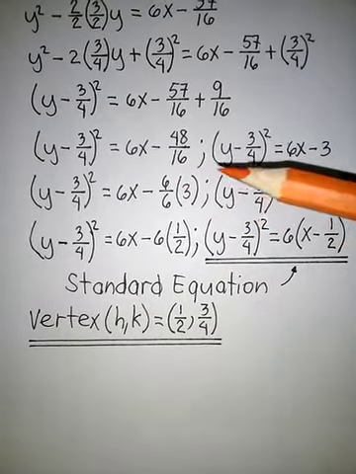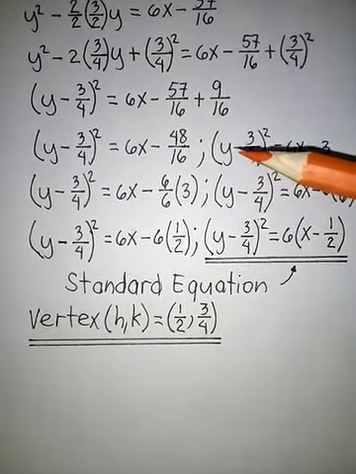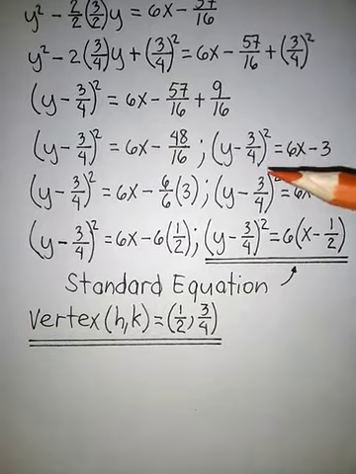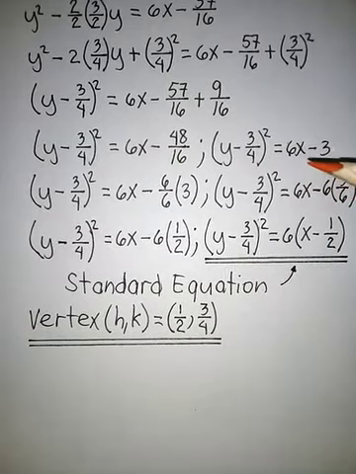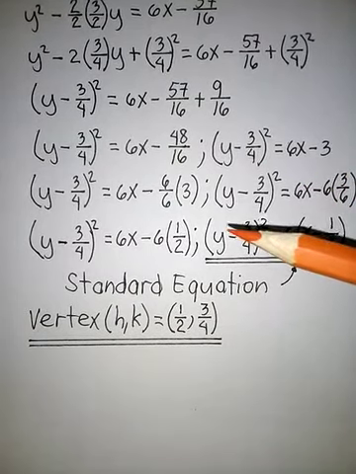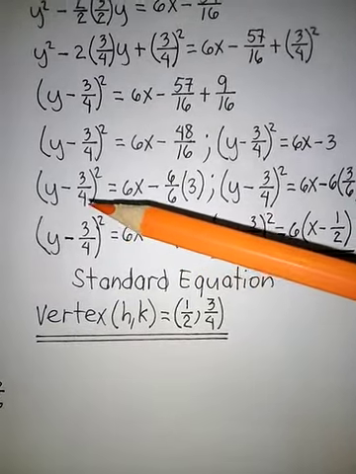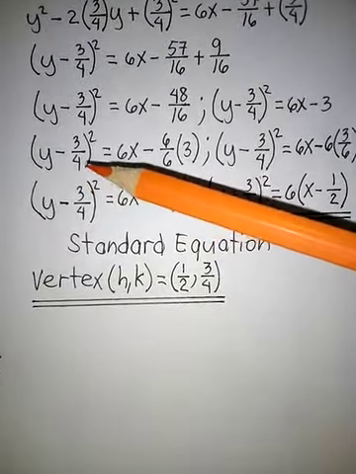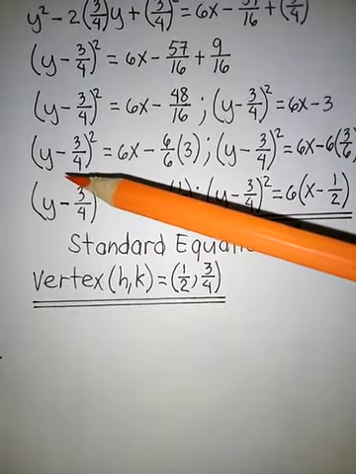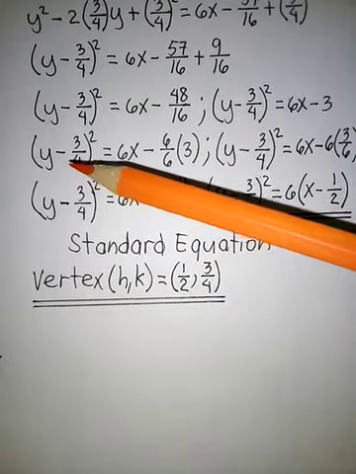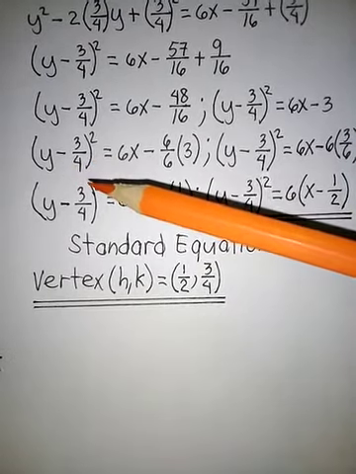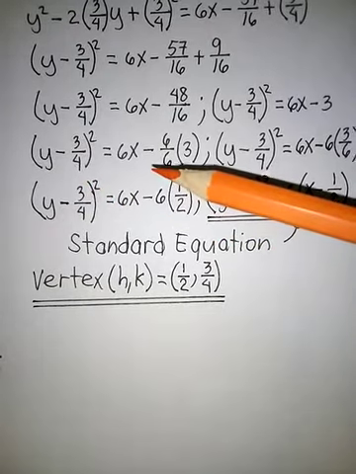And then simplifying further, we will have quantity y minus 3 fourths quantity squared is equal to 6x minus 3. So, let us simplify again.